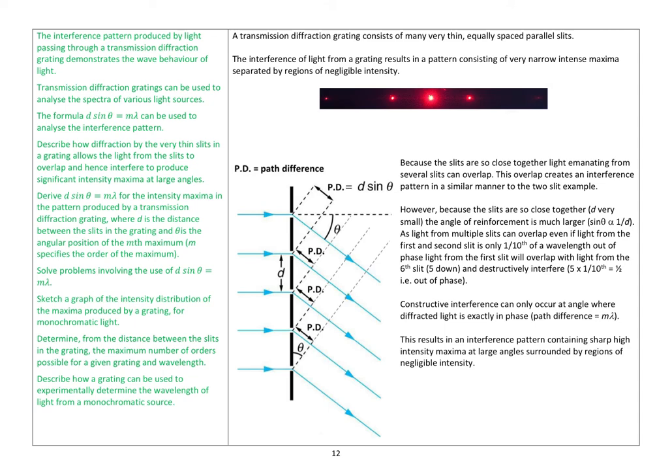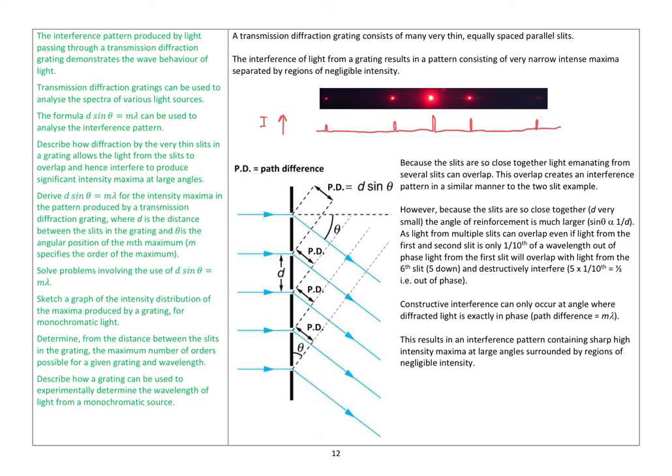If we were going to do one of those graphs with intensity on this axis, we would have a little bit there, then nothing, then a little bit more, nothing, a big bright bit there, nothing, a little bit like that, nothing. You can hardly see it on this one, but there's a little bit there, and so on.